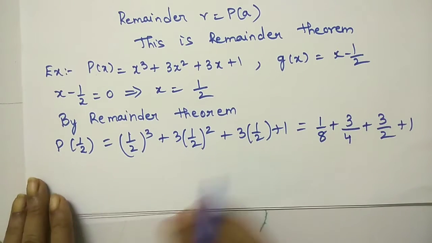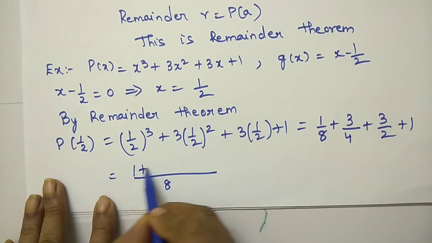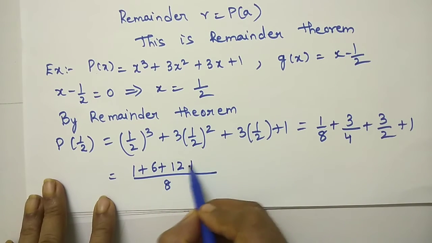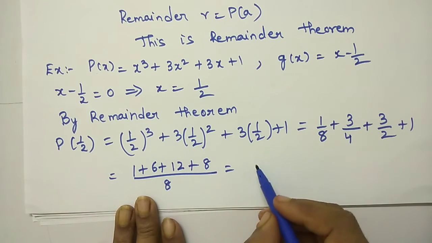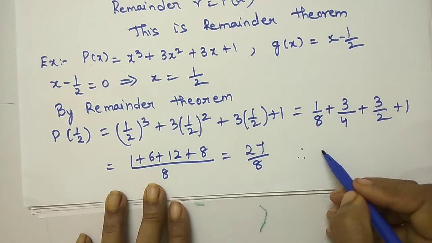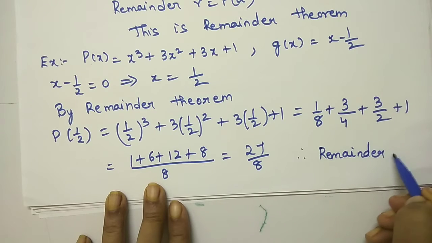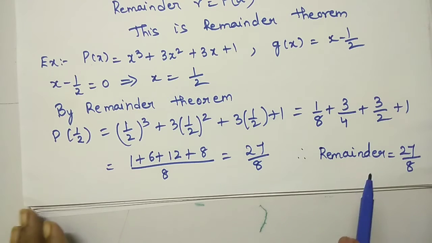The LCM will be 8, so this will be 1 plus 6 plus 12 plus 8, which is equal to 27 by 8. Therefore, the remainder will be 27 by 8. We found the remainder without doing division, simply by substituting the value of x in p of x using the remainder theorem.